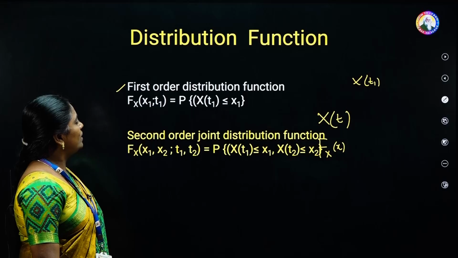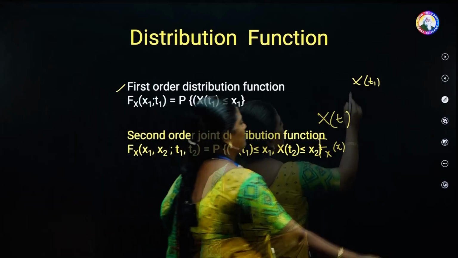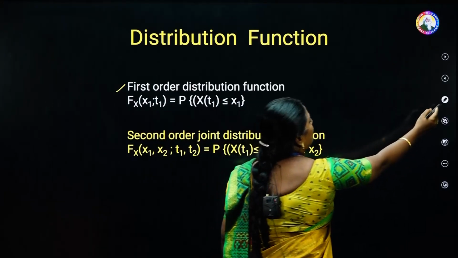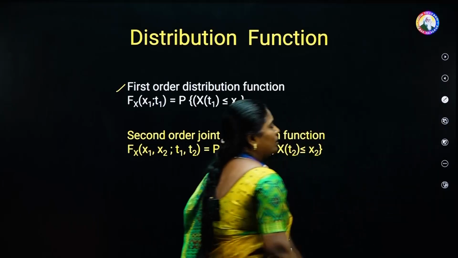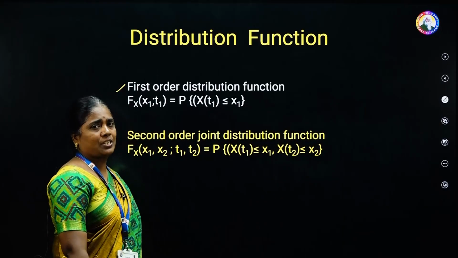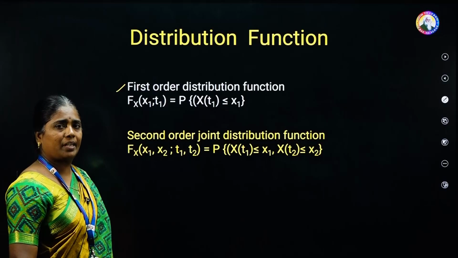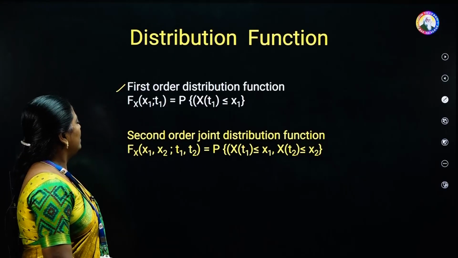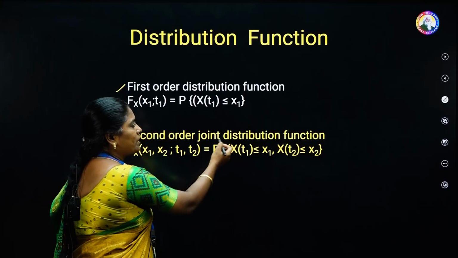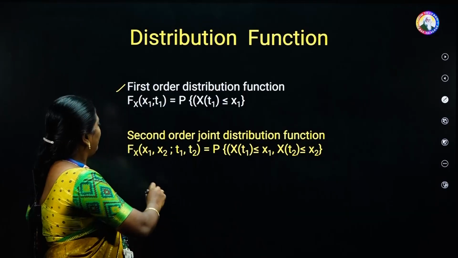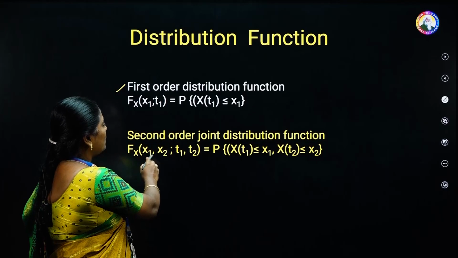Then coming to the second order distribution function. For the case of the second order distribution function, we are going to use x of t1 as well as x of t2. At two different times t1 comma t2, we are going to define a random process, and that's why the second order joint distribution function is defined as Fx of x1 comma x2.